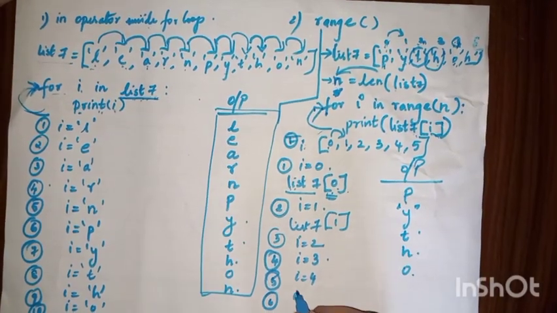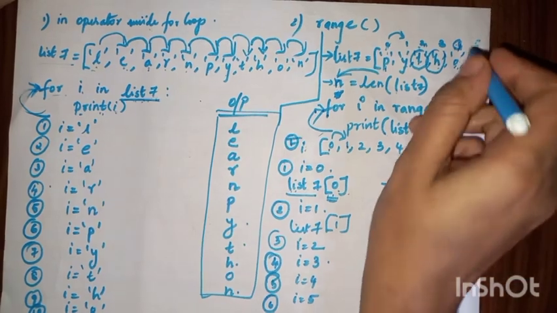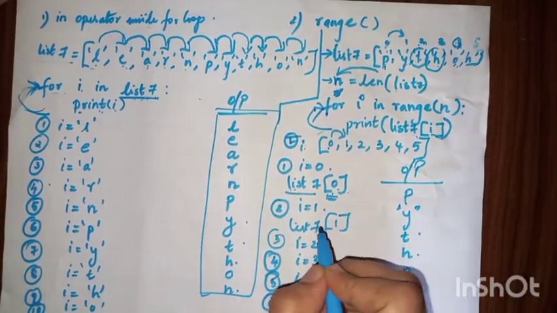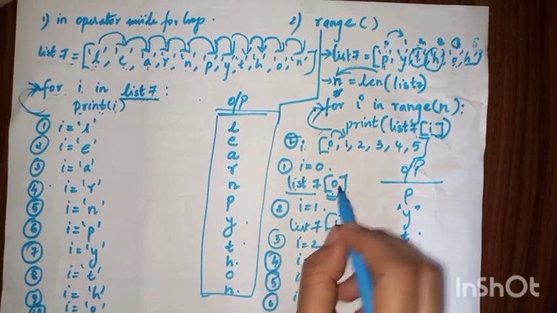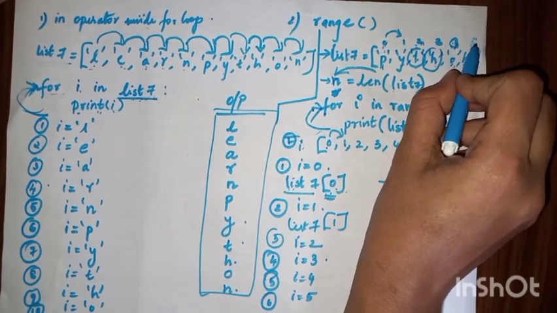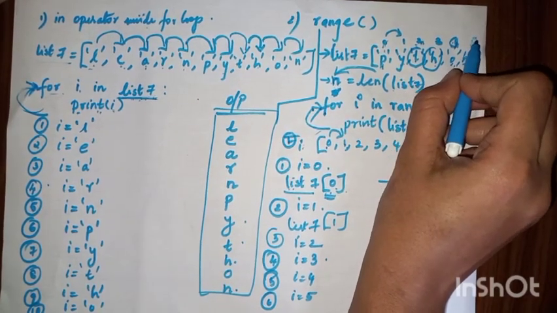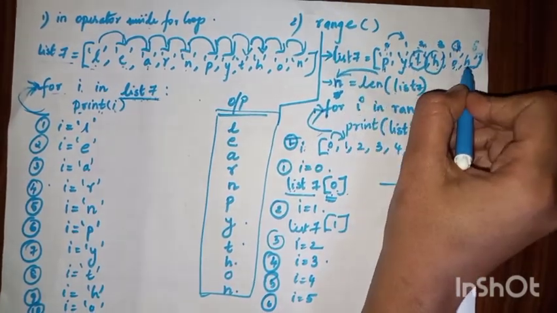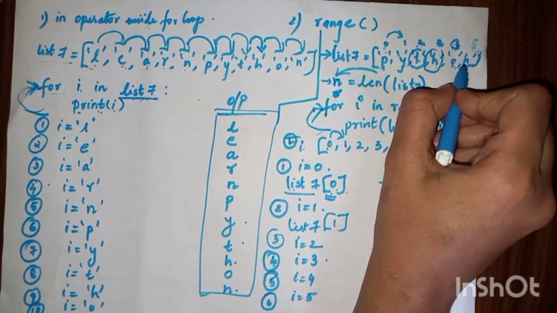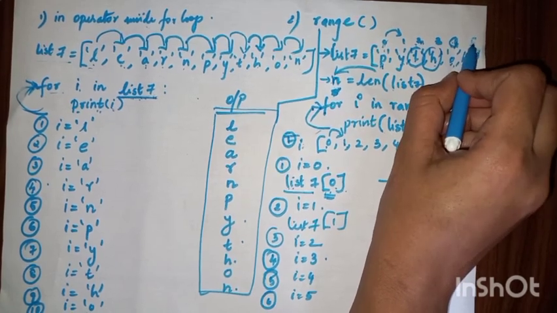In the sixth iteration i is equal to 5, so list 7 of 5, the element corresponding to index 5, will be printed.